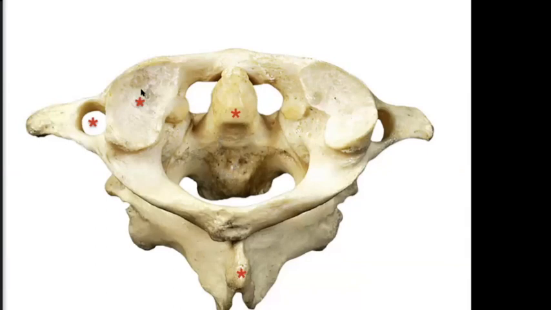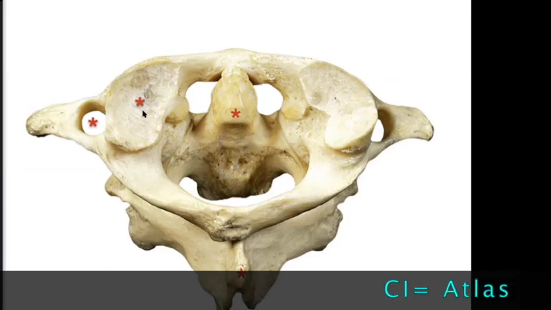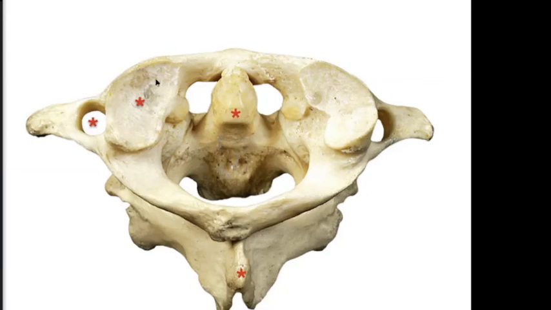These are the only ones you actually have to identify by name. You can call it C1, or the atlas, and this is the axis below it. And here's your transverse foramen. This is where your superior articulating facet connects, articulating with those occipital condyles.